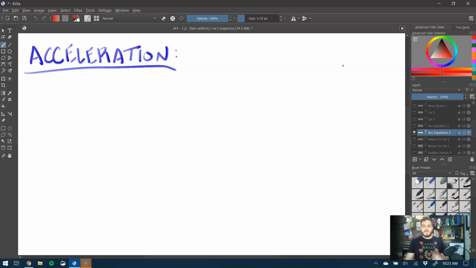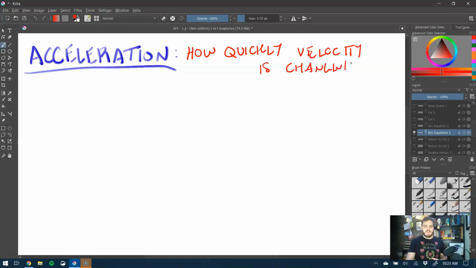And that's pretty close. So what I want to think about conceptually is how quickly velocity is changing. Just like velocity was how quickly position is changing, this is taking it a step further and saying how quickly velocity is changing.